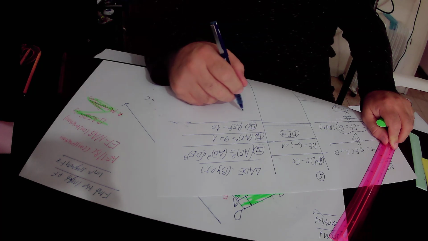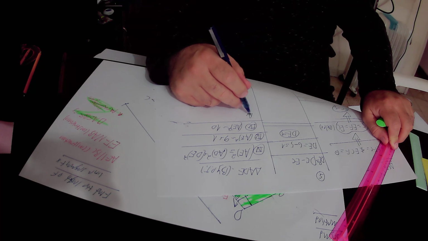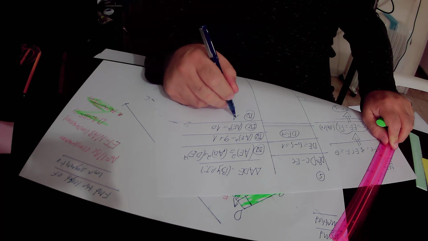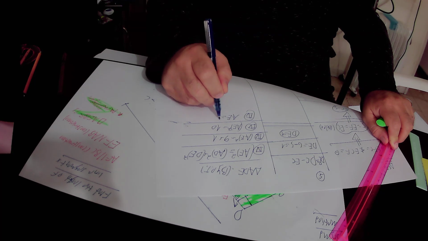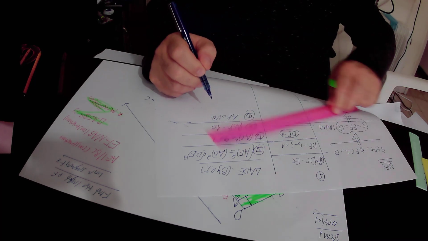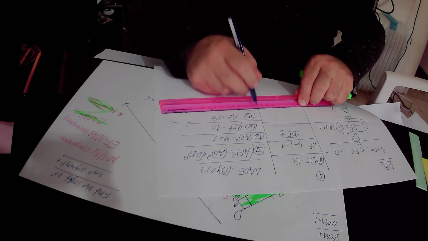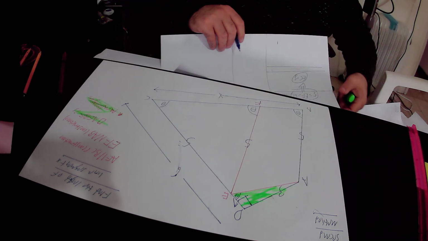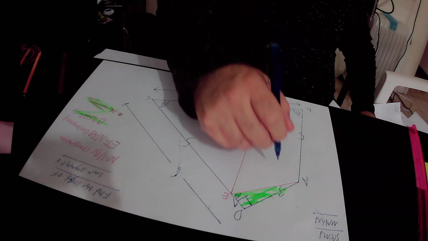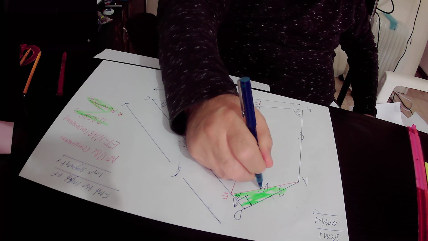From equation number 4, we get that AE equals the square root of 10 units. We can write here that AE equals the square root of 10 units.